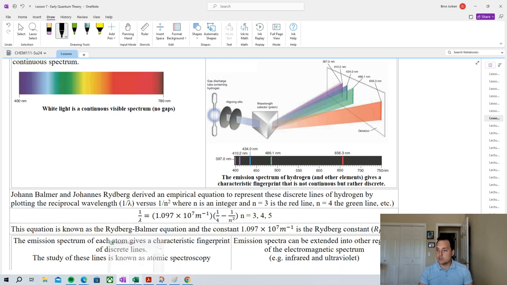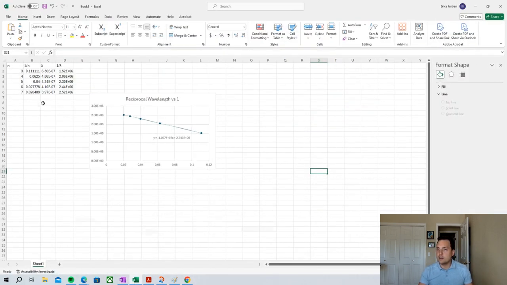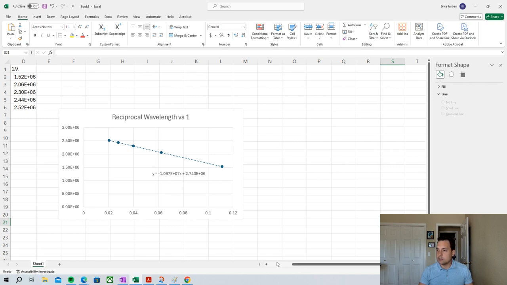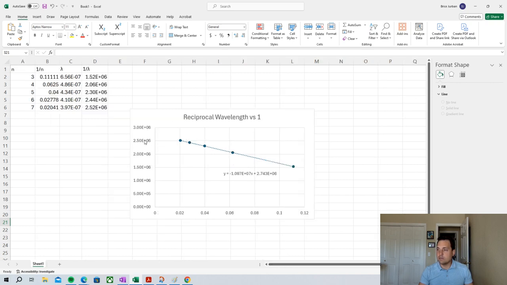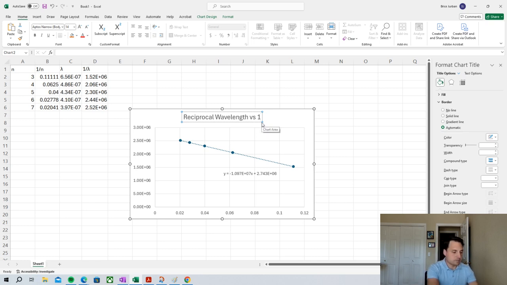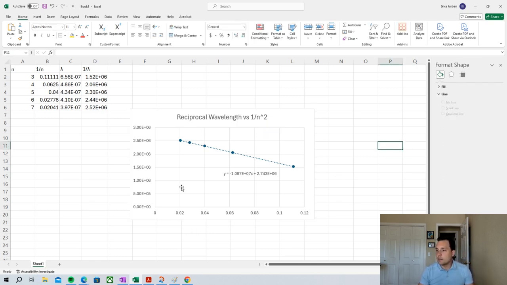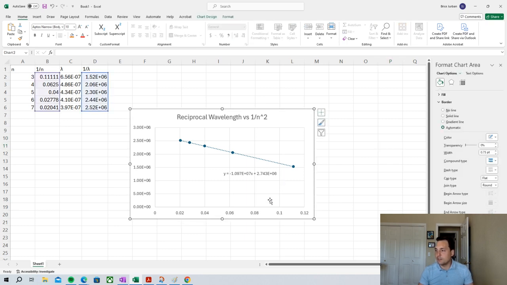I was playing around with this earlier, just using Excel. It's shown also in your textbook. This is the x-axis here. I didn't label it. This is 1 over n squared, and then this is 1 over the wavelength.